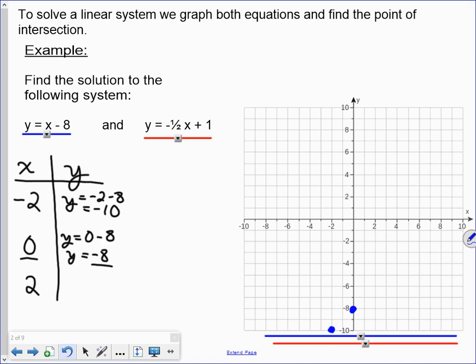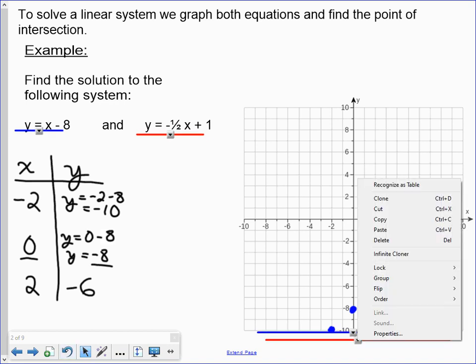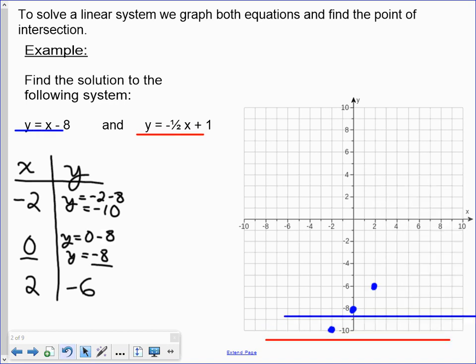That's our y-intercept. I guess we could have gotten that just by looking at the equation. And we'll do one more point here. When x is equal to 2, y is going to be 2 minus 8. That's going to be negative 6. So our point is 2, negative 6 right here. And then we just want to draw a straight line through these points.